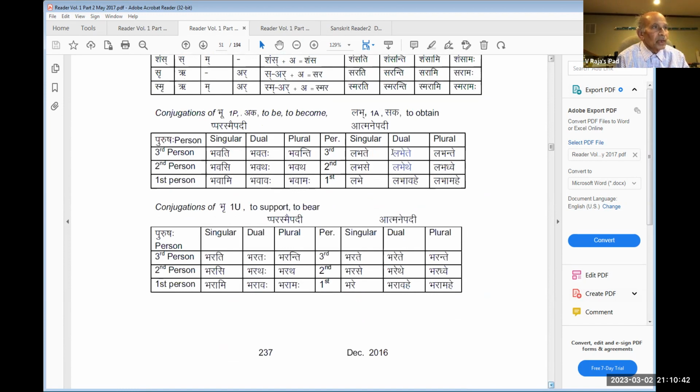Then I gave some examples for bhu and lab. Another example for ubhayapadi, bru, to support. From there the term bharta comes.